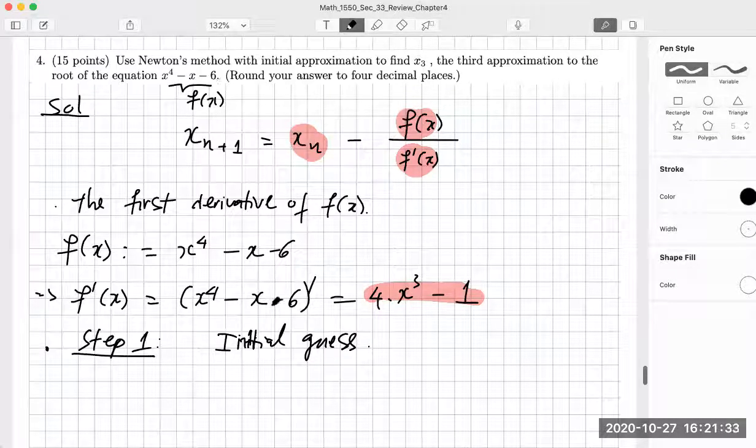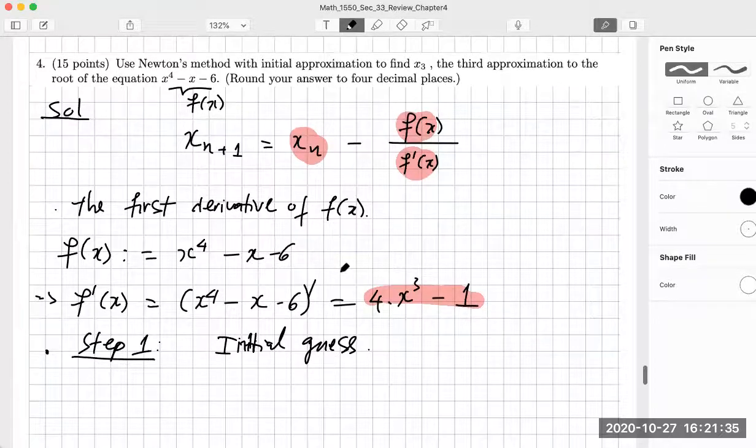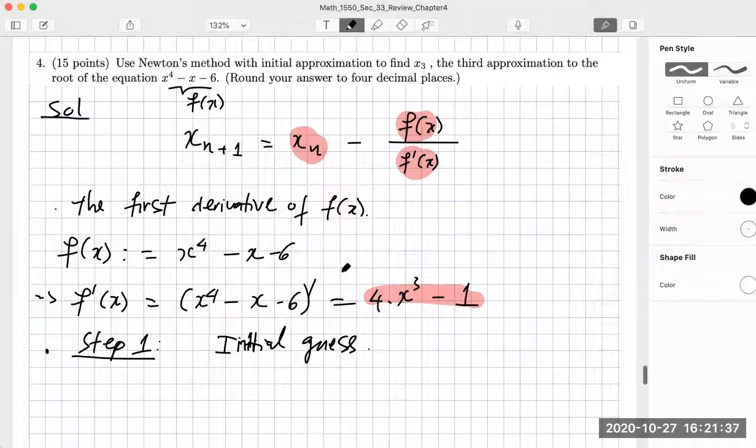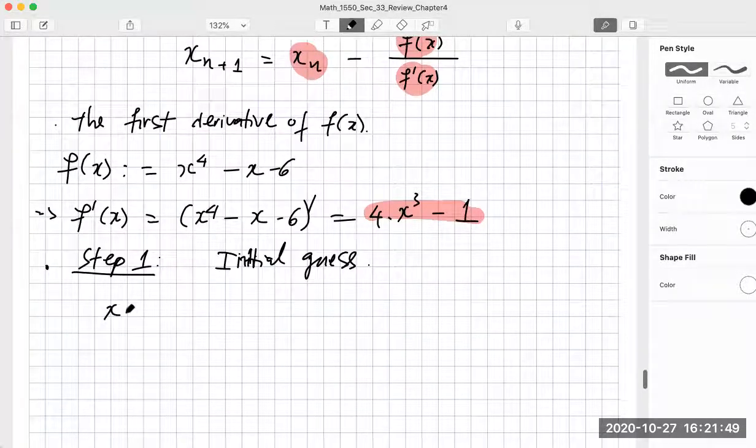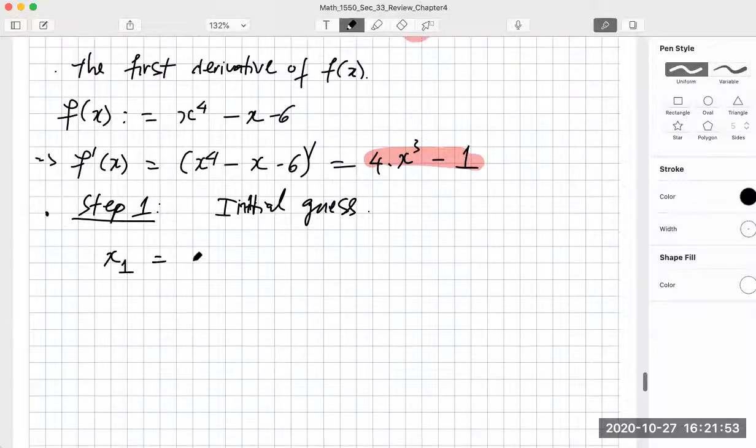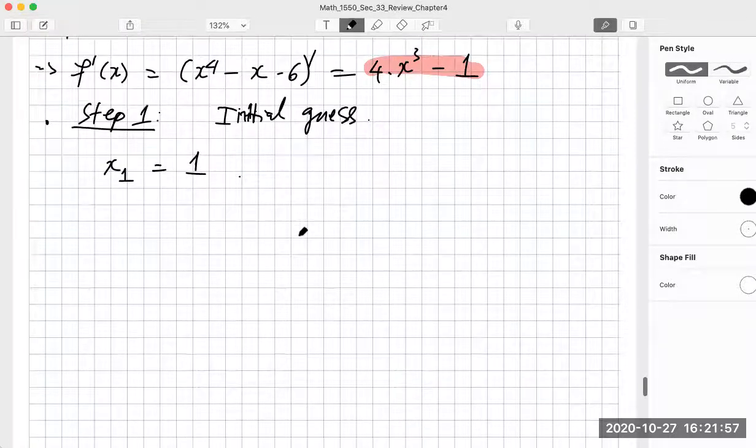Yeah, the similar thing. But if you try with x equal to 2, for example, then at some point you need to compute 2 to the 4. It is really big, right? So that is why we should be smart to choose an initial guess. Yeah, let us try with 1. It's the normal thing.